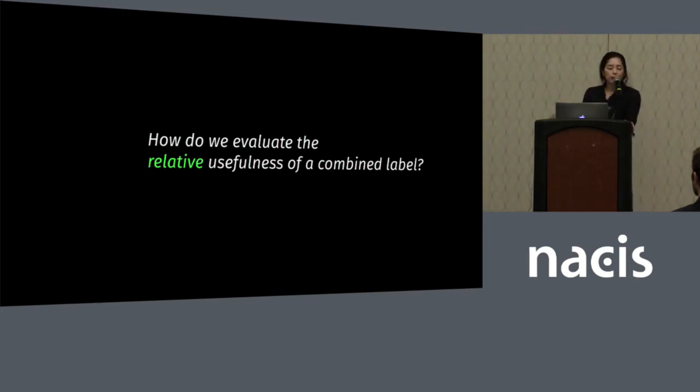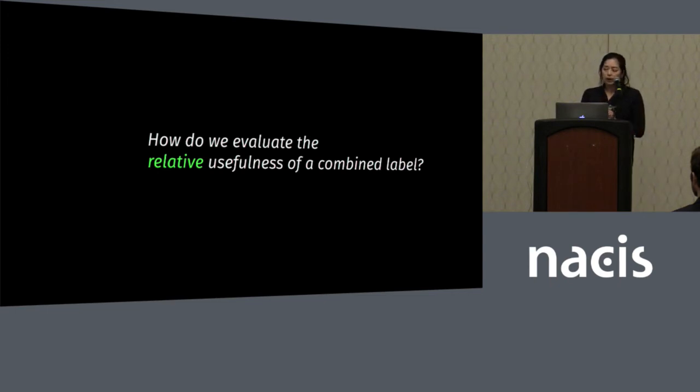And then, following up on that, how do we evaluate the relative usefulness of a combined label? If we think that combining two labels will make it more meaningful, how do we evaluate if that's actually more useful? I say relative usefulness because so far I've been discussing labels as if they were individual labels, but really these are labels on a map, and the goal is that the map overall is more useful, not just that an individual label is more useful.